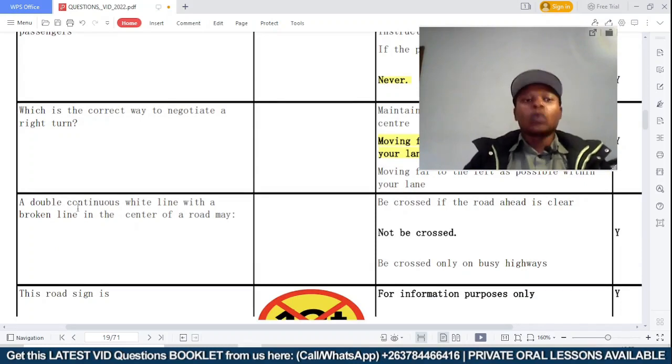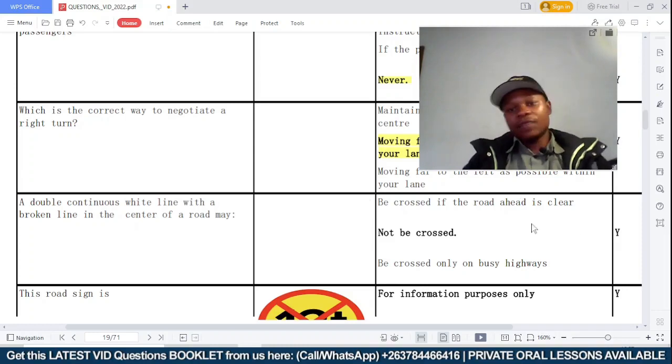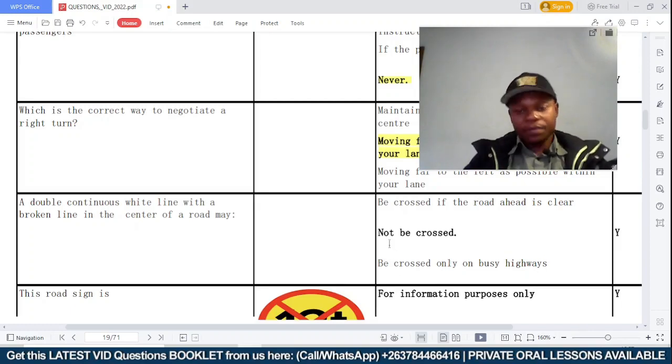A double continuous white line with a broken line in the center of the road may, option A, be crossed if the road ahead is clear; B, not be crossed; C, be crossed only on busy highways. Now I want you to get this very correctly.